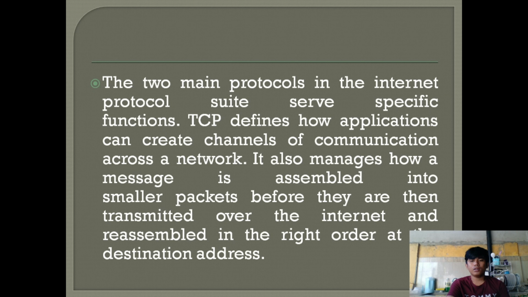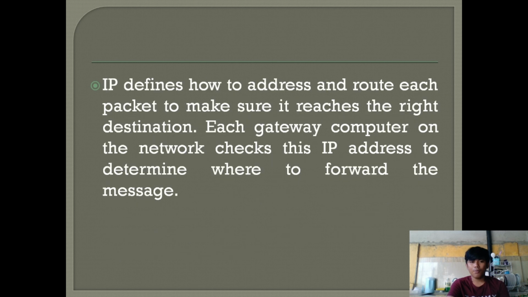It also manages how a message is assembled into smaller packets before they are transmitted over the internet and reassembled in the right order at the destination address. IP defines how to address and route each packet to make sure it reaches the right destination. Each gateway computer on the network checks this IP address to determine where to forward the message.